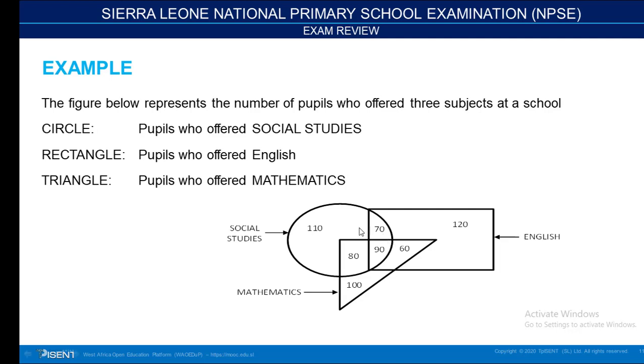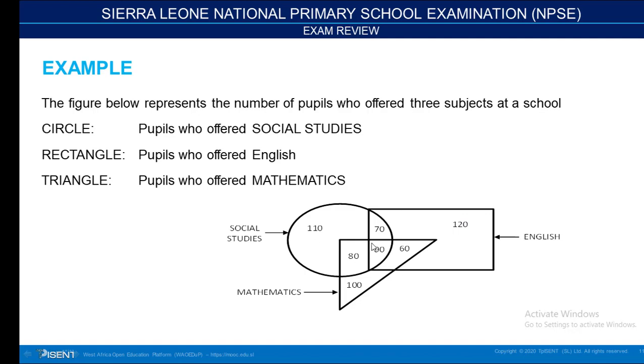It is found in the circle, in the rectangle, but not in the triangle, so it's out. 80. It is found in the circle, in the triangle, but not in the rectangle, so it's out. 60. It's found in the rectangle and it's found in the triangle, but not in the circle.